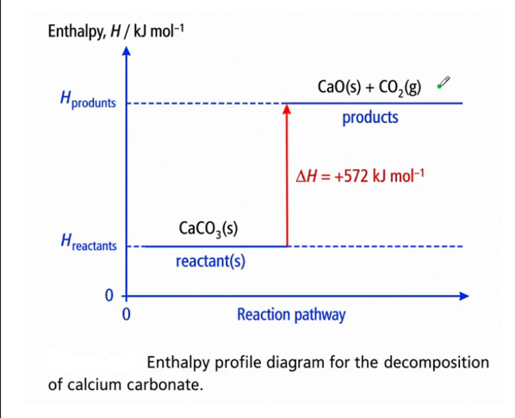Look at this graph. The x-axis is represented here and the y-axis is represented here. On the y-axis we take potential energy, and on the x-axis we take the progress of the reaction, our reaction pathway.